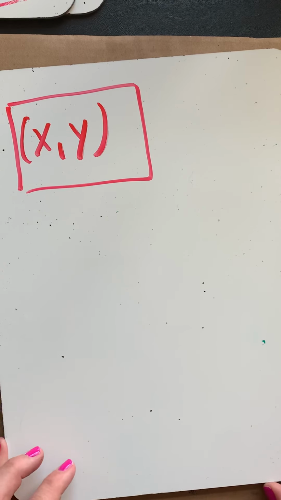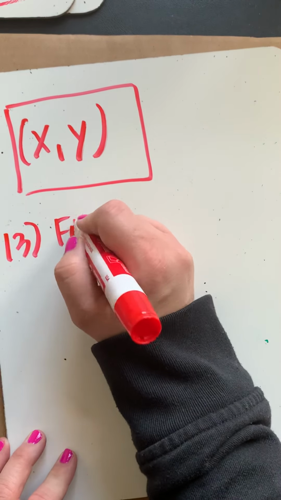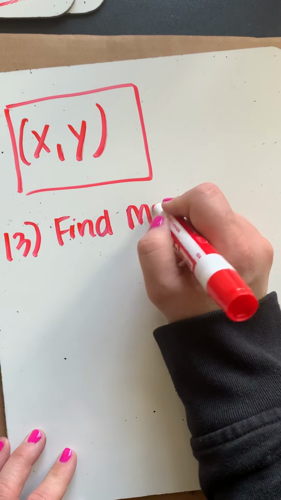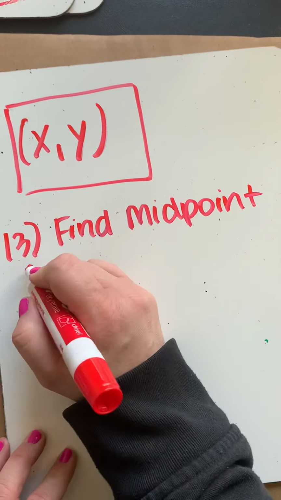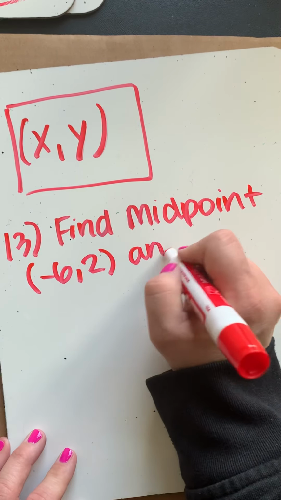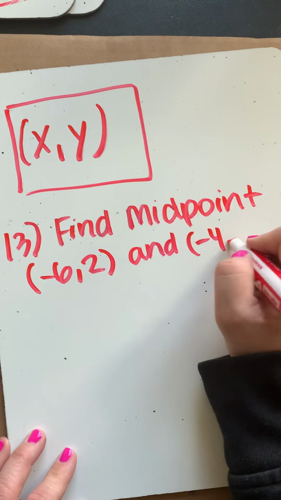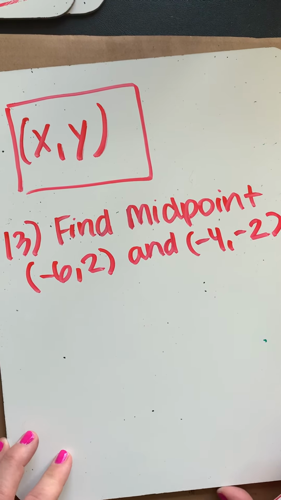If it isn't, it's not right. Okay, so last question here, we're going to find the midpoint of (-6, 2) and (-4, -2).